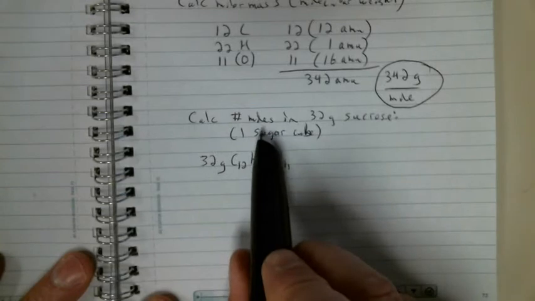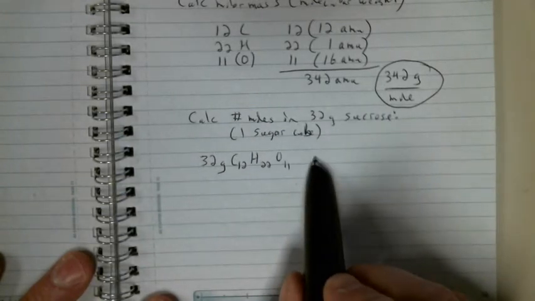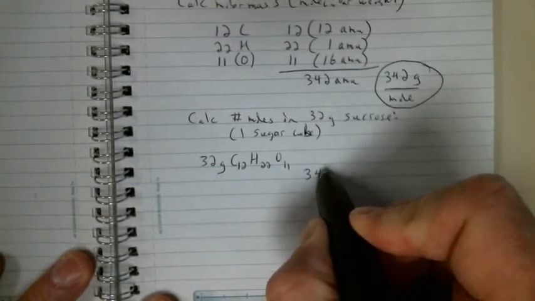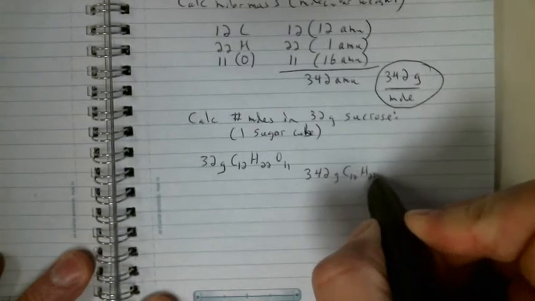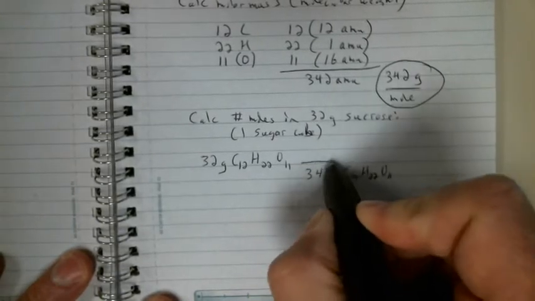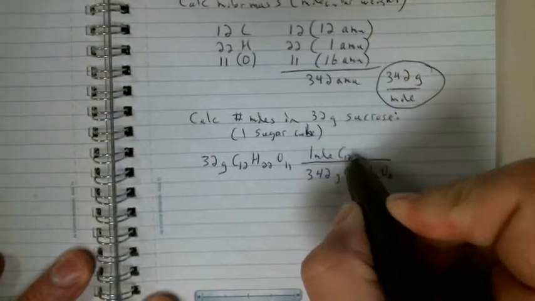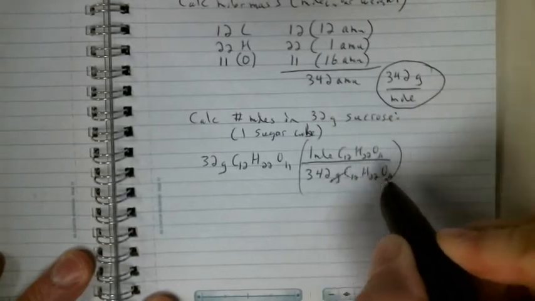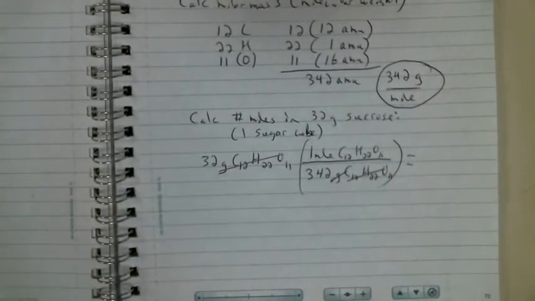We're asked for the number of moles, so I need moles to be in the numerator and grams to cancel. So I'll take my molar mass, 342 grams of C12H22O11 is 1 mole of that stuff, the sucrose. And then grams of that cancel, and I'm good to go.